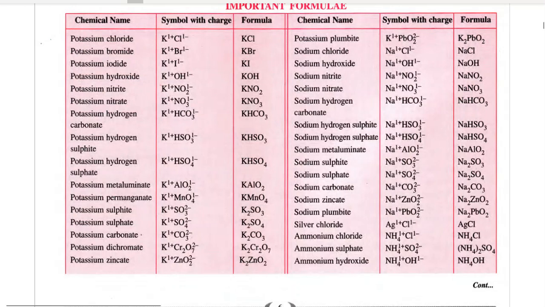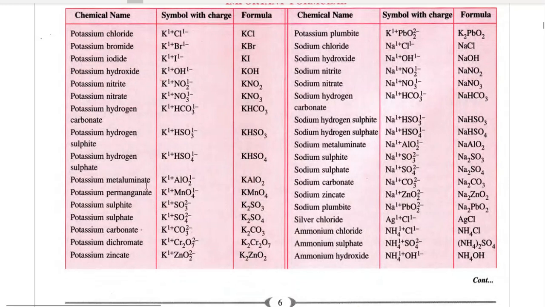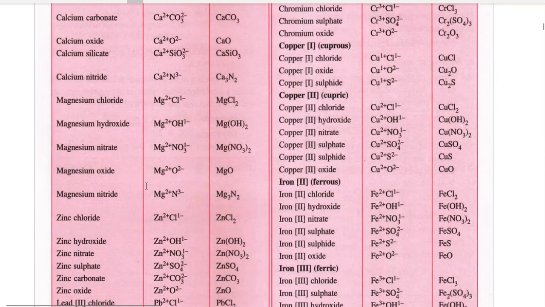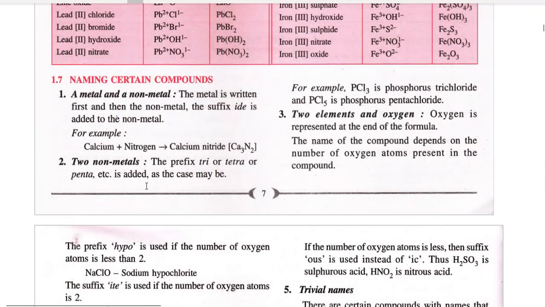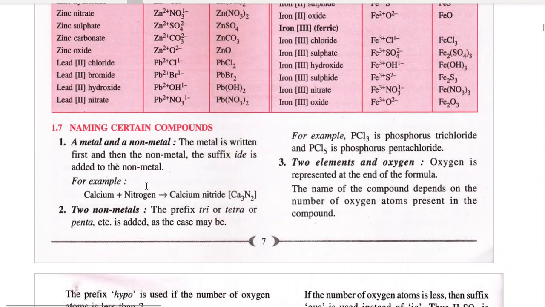Yeah, some chemical formulae of common compounds must be kept in mind, like the chemical formulae of all acids and bases, they are all important. And as we go ahead in the chapter, we'll go through this memorization part, and I'll tell you what to memorize and what not to. Okay, so these are just for your reference. Okay, now the topic is naming certain compounds.